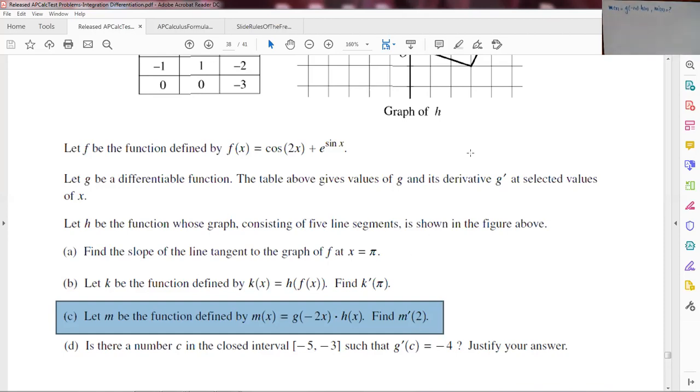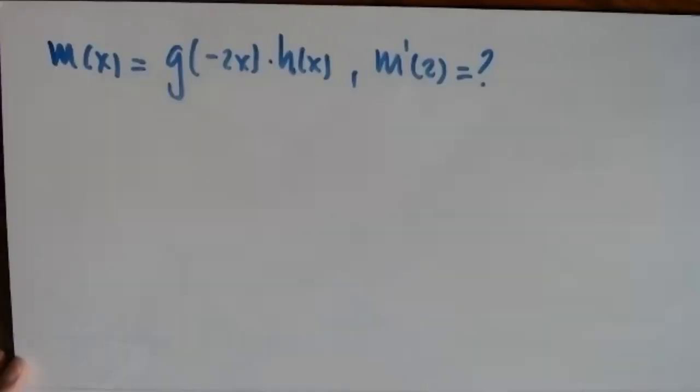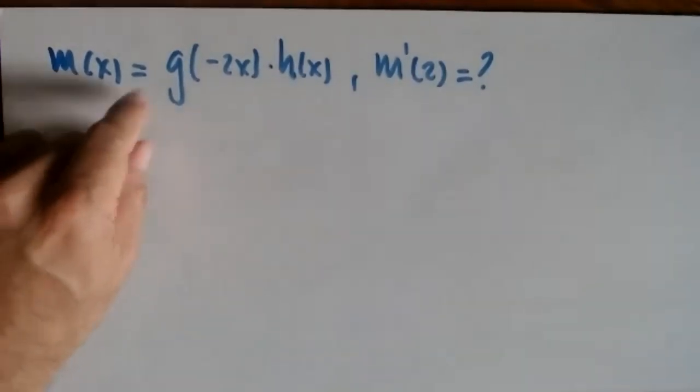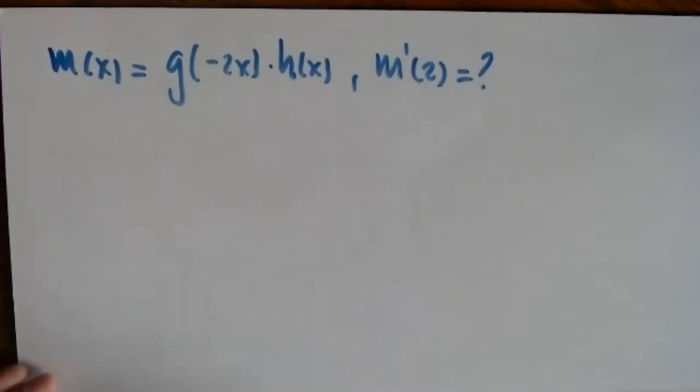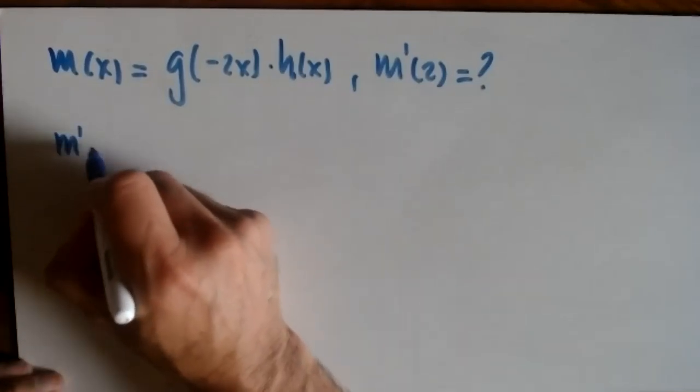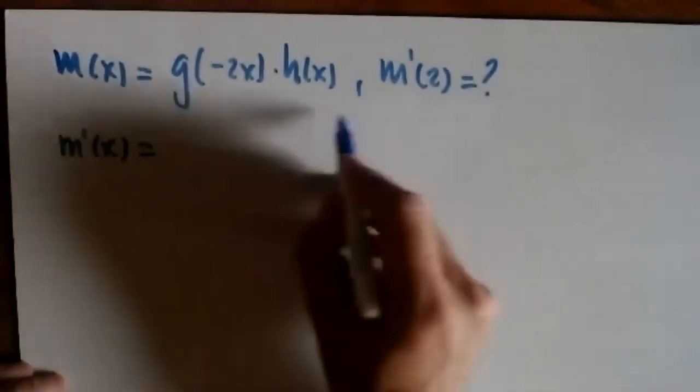So let me just stop share right here. This is the new problem. The new function is defined by this composition and this product. So we have to find m prime of 2. So again, the same. m prime of x is the derivative of this product.